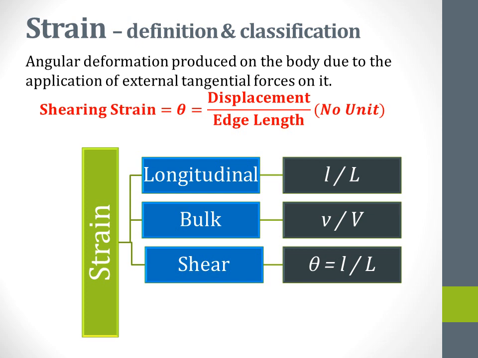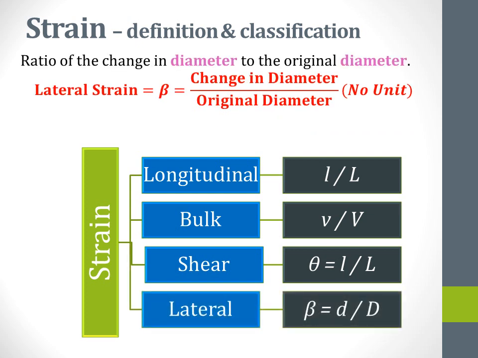The formula for it is theta is equal to small l by capital L. Finally, we have the lateral strain, which is the ratio of the change in diameter to the original diameter, and it is denoted by beta, which is given by small d divided by capital D.